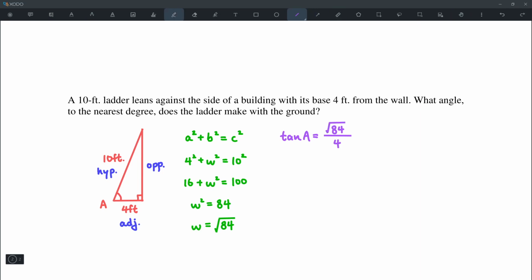And from there, we can isolate and get A by itself. A is going to be equal to inverse tangent or arctangent of the square root of 84 divided by 4. Okay, just like this.